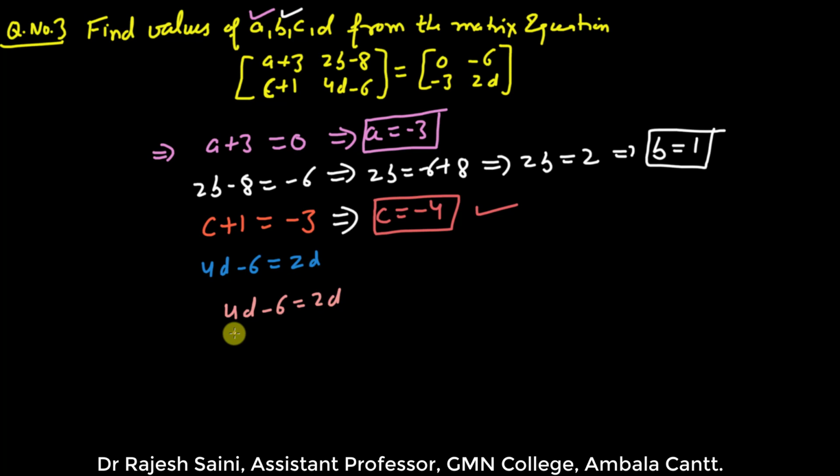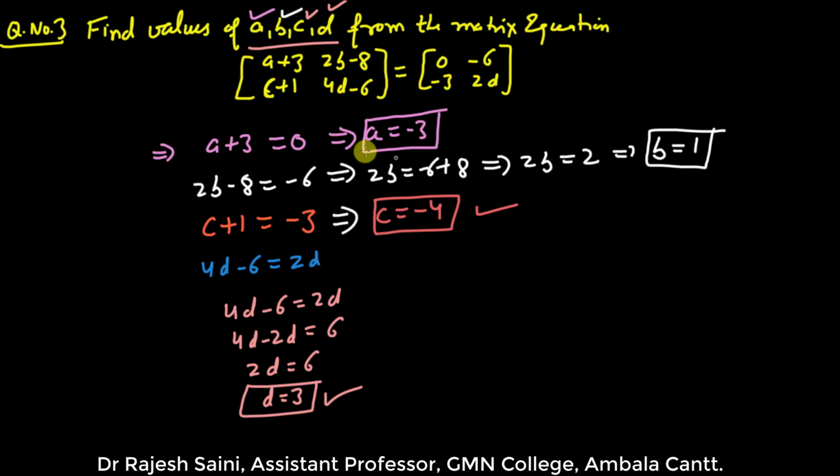Fine, this 2d will go over there, 4d minus 2d, and the 6 will go over there. So this will be 2d is equal to 6. So d will be 3. So these 4 values we have determined. These are the values of a, b, c and d.